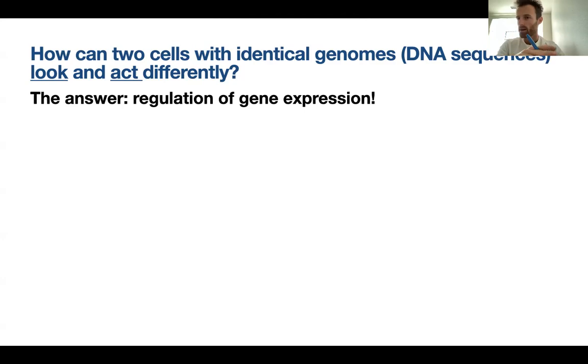But we learned in mitosis that we are replicating our DNA to produce identical daughter cells. And so all of our cells contain the same DNA. They have identical genomes. So again, how can they look and act so differently?